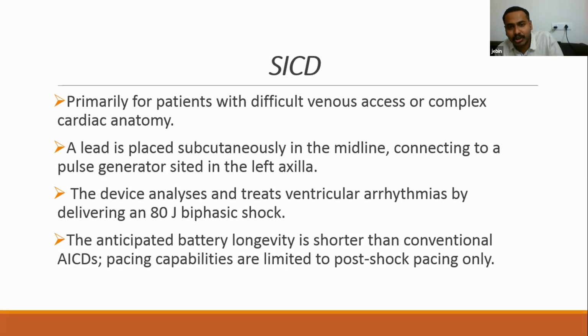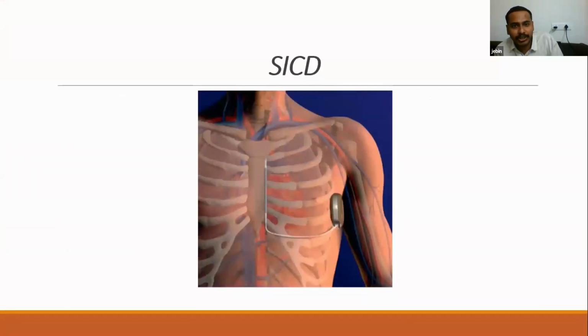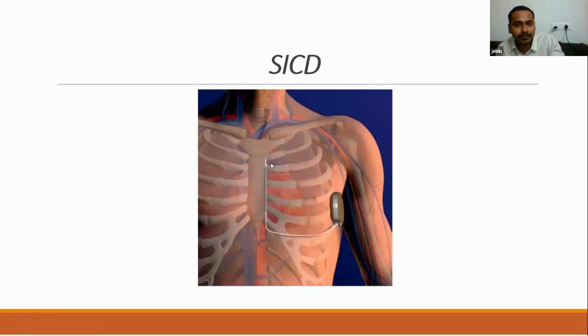The anticipated battery longevity is shorter than the conventional ICDs. The pacing capabilities are limited to post-shock pacing only. This is the image showing the subcutaneous ICD with the pulse generator in the left axilla and the lead moving onto the midline, subcutaneously.